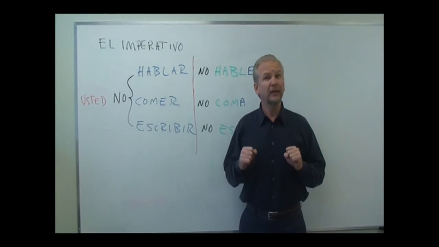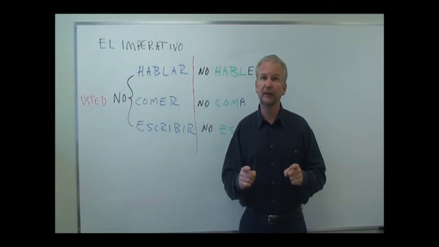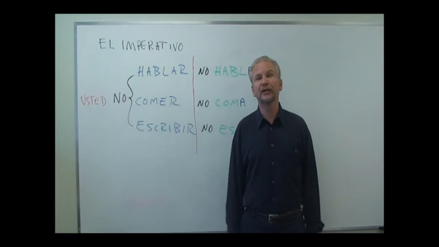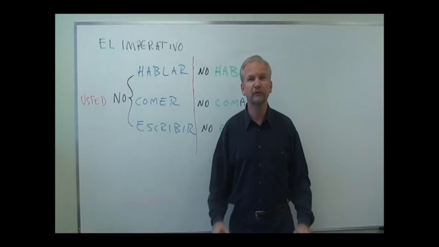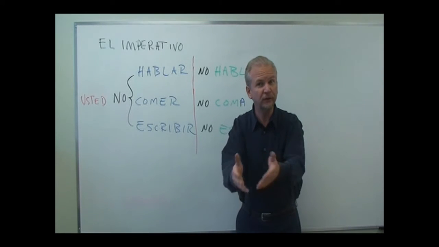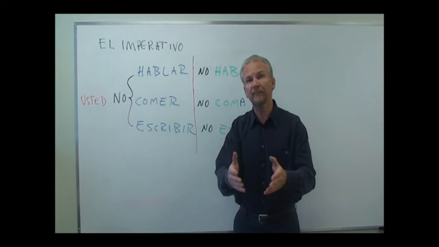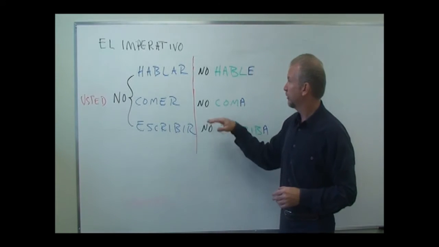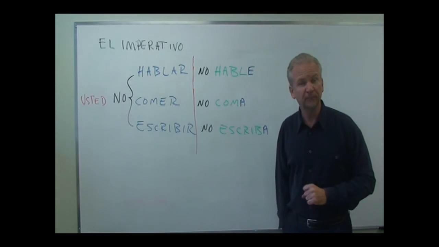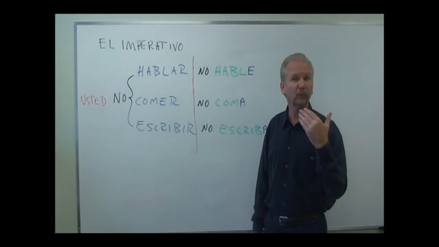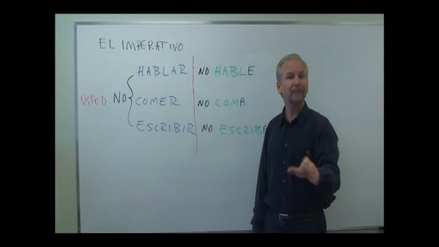Now the imperative negative forms with usted are very simple, because they're basically the same as the positive forms. So if you want to tell somebody the formal way to eat, you would say coma. If you want to say don't eat, you would say no coma. If you wanted to tell somebody in the formal way to speak, you would say hable.